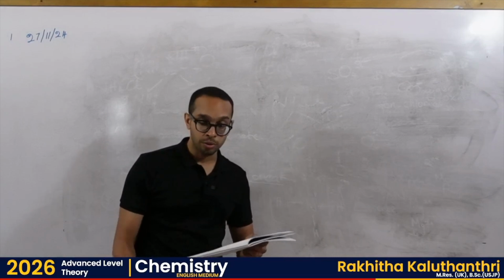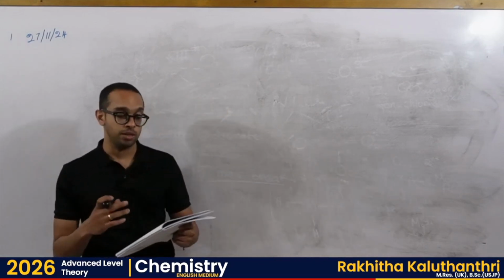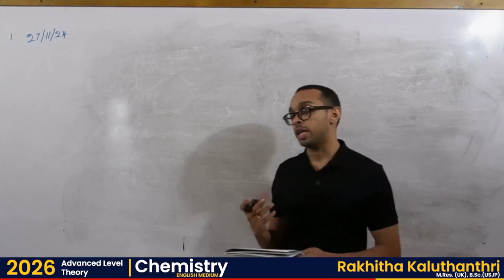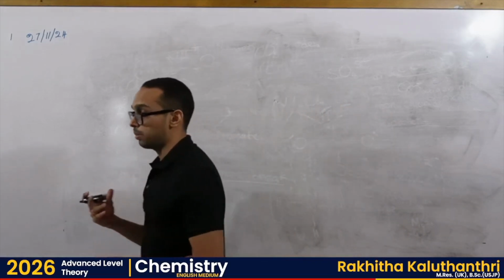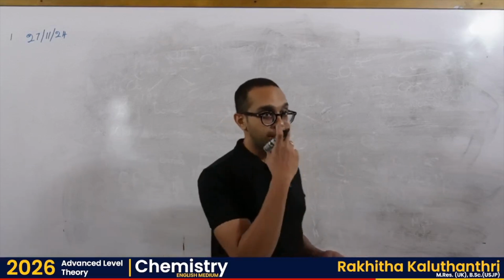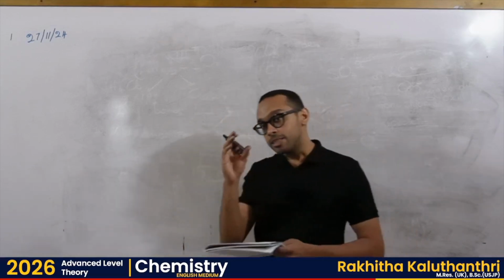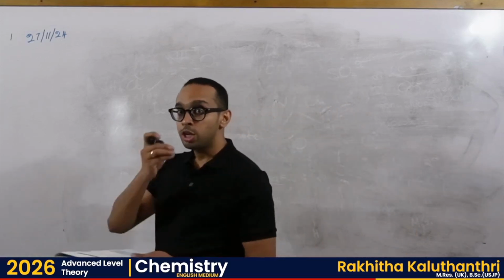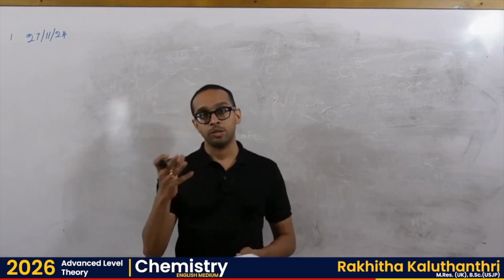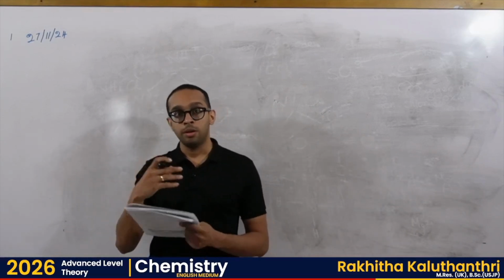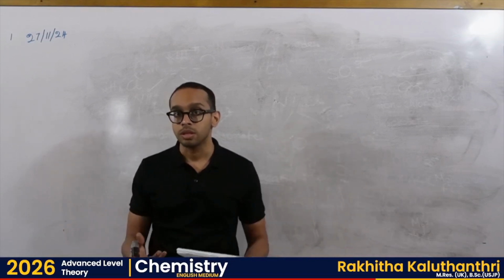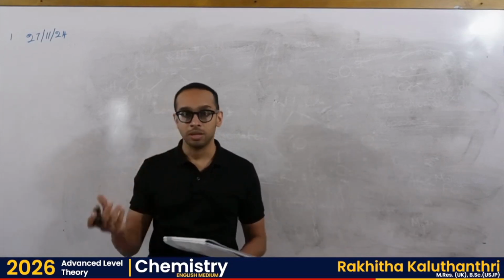So here, read through this particular text with me so that you understand why we have 2 different names for the same covalent compound. So acids behave differently than other covalent compounds in water. Acids have the ability to release a proton in aqueous medium. If you take carbon dioxide and dissolve it in water, it doesn't donate protons into the medium, so it is not acting as an acid.